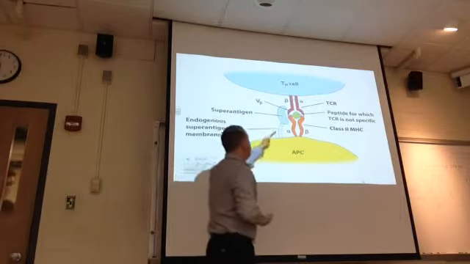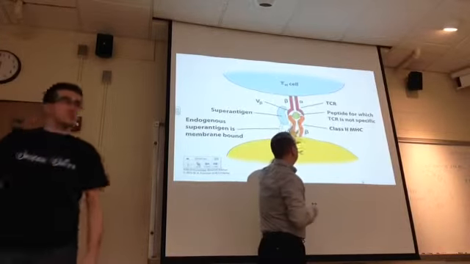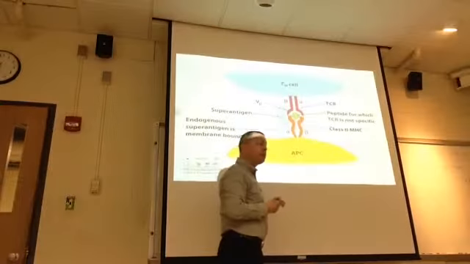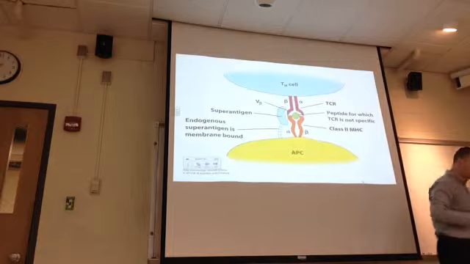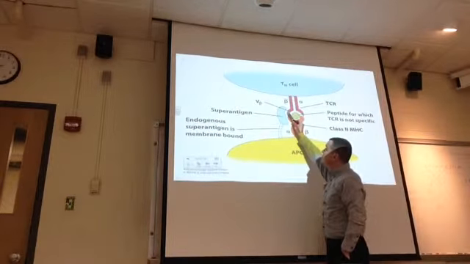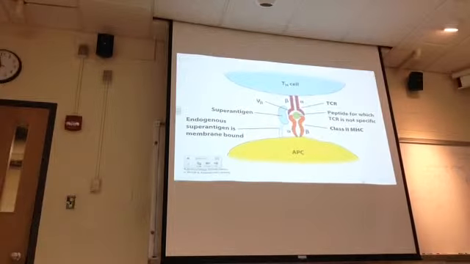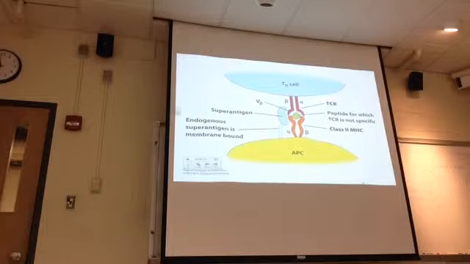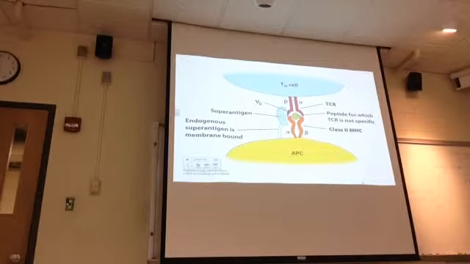So as you see here, they have the ability to sort of cross-link an antigen-presenting cell and a T cell, in this case a T helper cell, because they have the ability to interact with specific beta chains of certain T cell receptors. So that's sort of their claim to fame. They sort of clamp onto the beta chain of the T cell receptor and hook it up to an antigen-presenting cell.